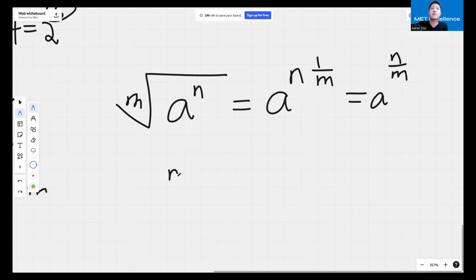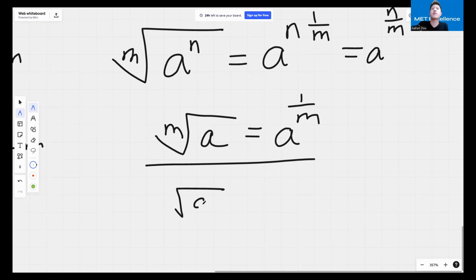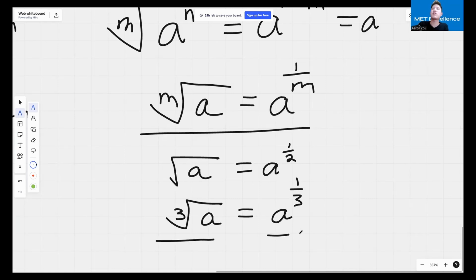Basically it just means that if I have something like this, it'll just be like that. So for example, the square root is a to the 1/2 power. And for the square root, we omit the 2 because we're lazy and we like that. But if we have the cube root, for example, it would be written like this. So this is radical notation, this is exponential notation.